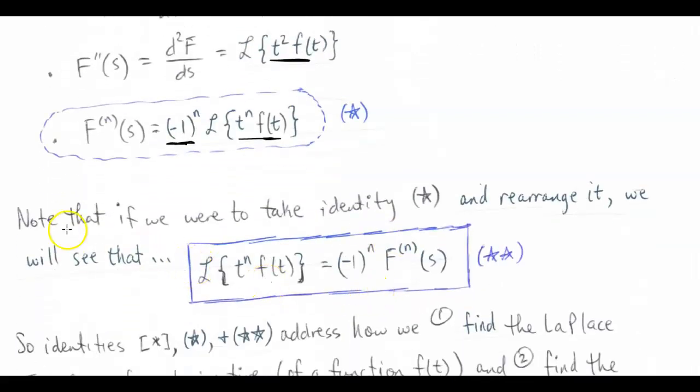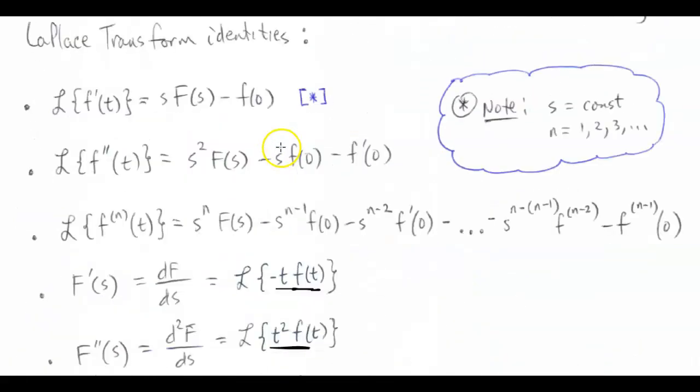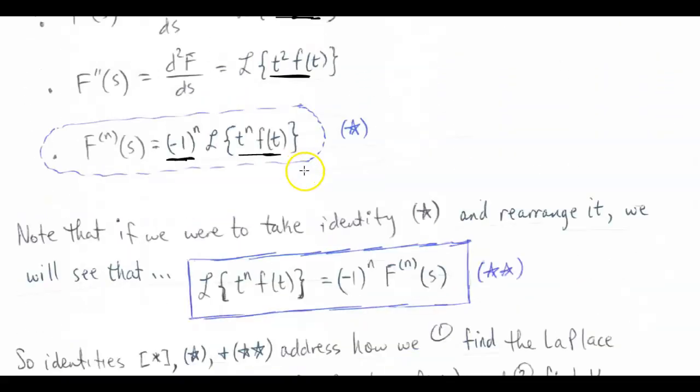And now if we rearrange this equation, we get this equation double star. Basically, we're just dividing both sides by this negative 1 raised to the n here.